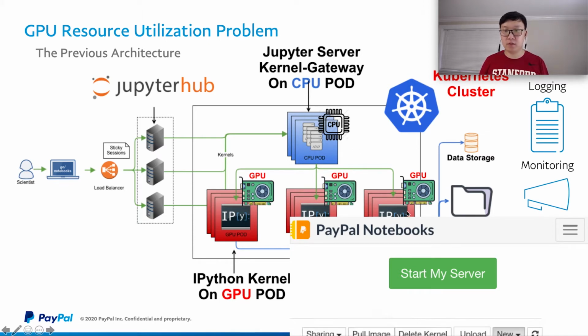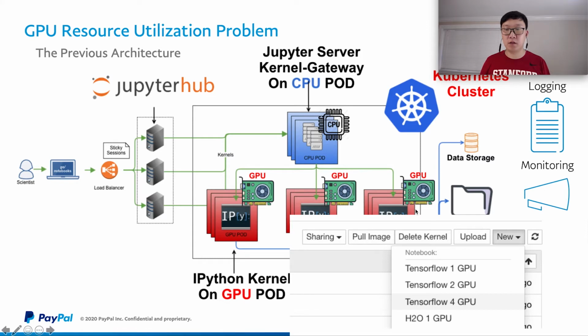And then the user may create some new kernel, which requires GPU. For example, here he is trying to create a TensorFlow kernel with GPU resource. And the kernel gateway will allocate the GPU resource from Kubernetes while the kernel is being created.